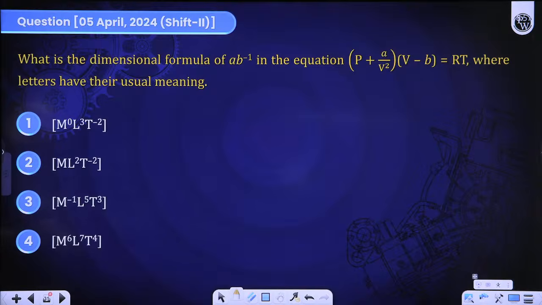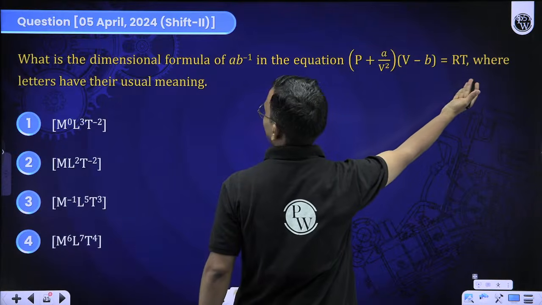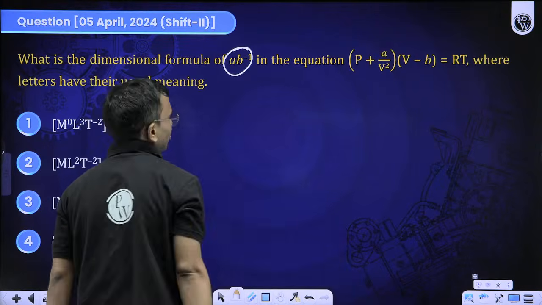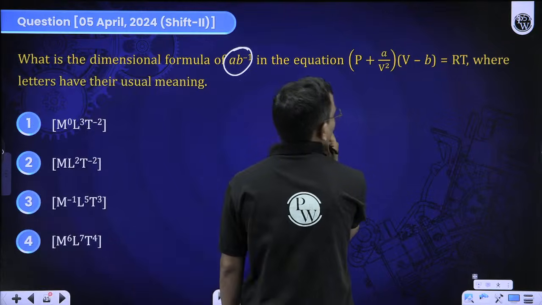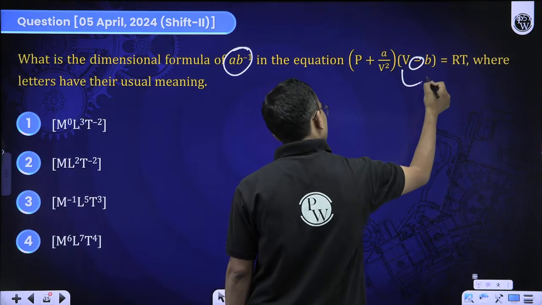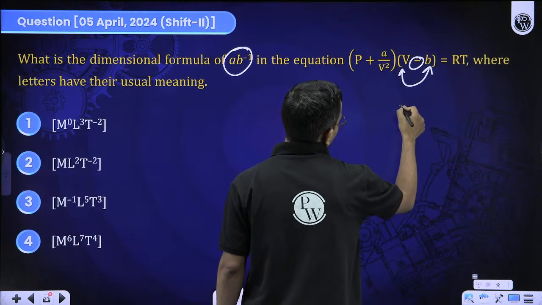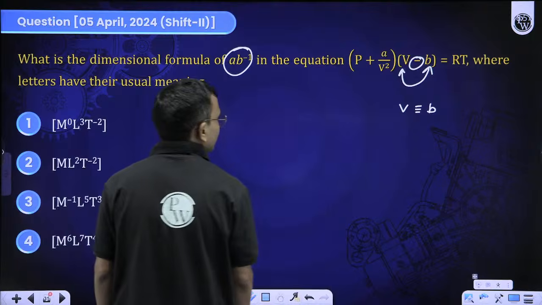Similarly, another question we have here, this relation is given to us. What we have to find is the dimensional formula of A by B, that is A B inverse. Let us use the principle of homogeneity. Here is a minus sign, so these two should have the same dimensions. So velocity and B are dimensionally equal.